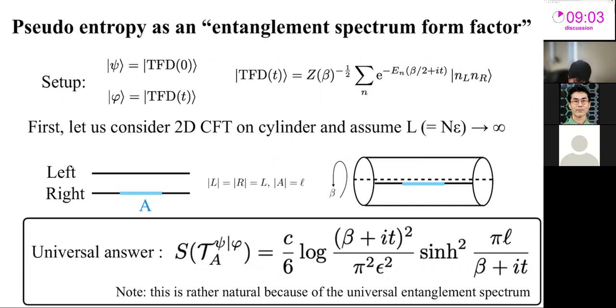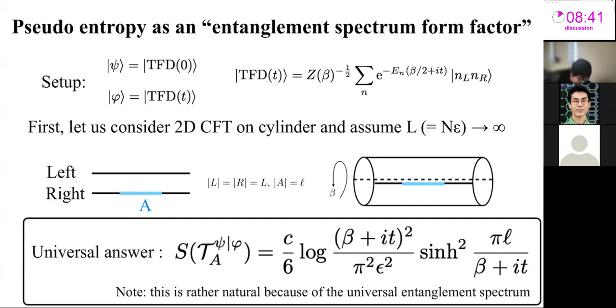So we have two duplicated systems, and basically we trace over one of them entirely, and we keep subsystem A. So this right system corresponds to what we are actually thinking about, and this left system corresponds to the duplicated system in order to define the transition matrix.